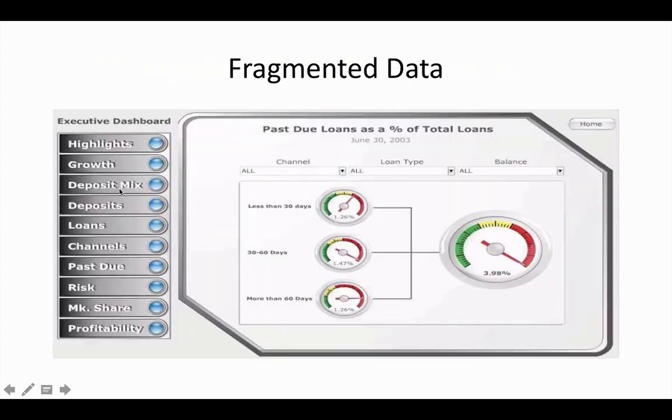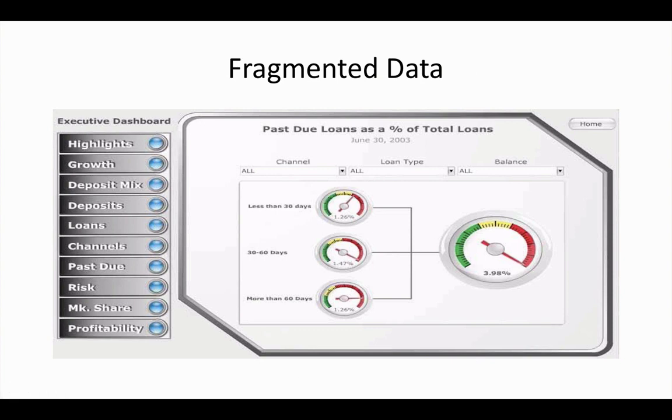So here's an example, an executive dashboard with a whole bunch of panes, but look at how much information is actually being shown on this whole screen. It's 4 numbers.